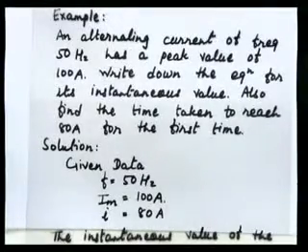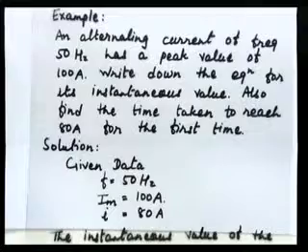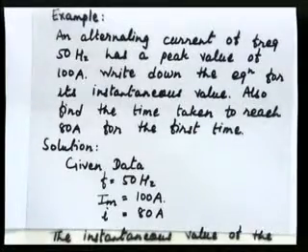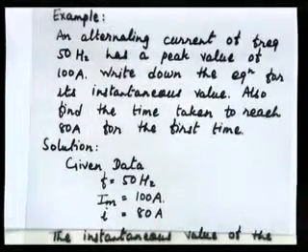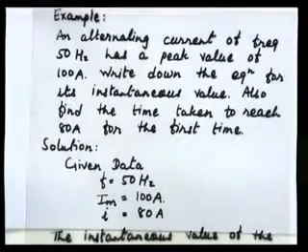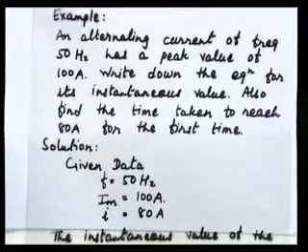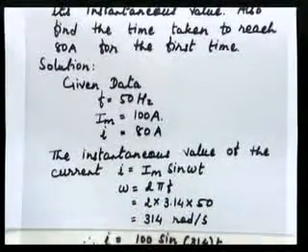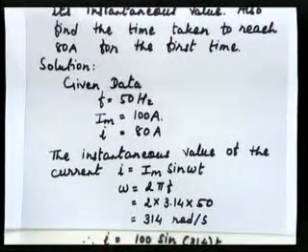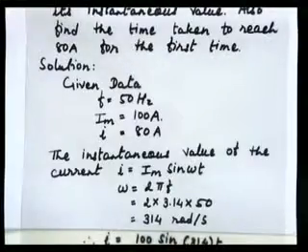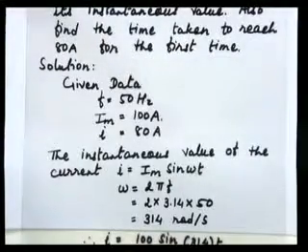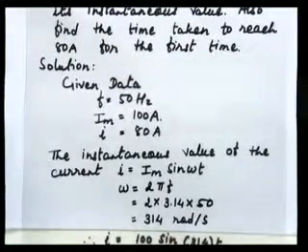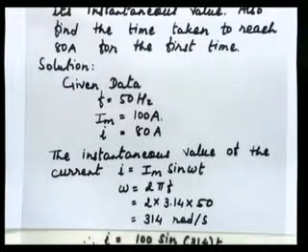Given data: frequency is 50 Hz, maximum current is 100 ampere, and instantaneous value of current I is 80 ampere.